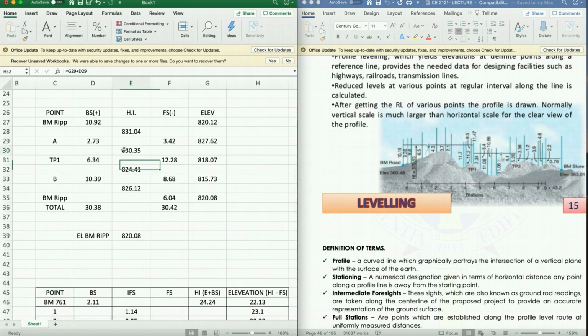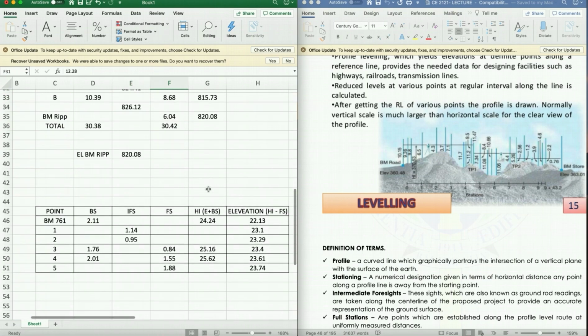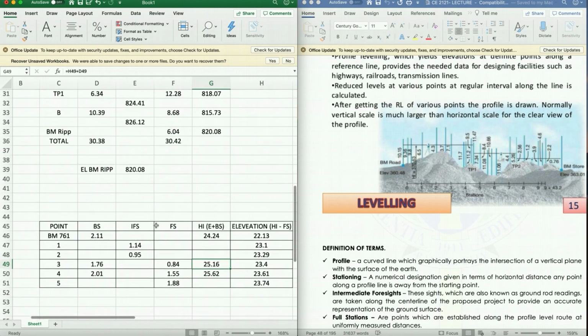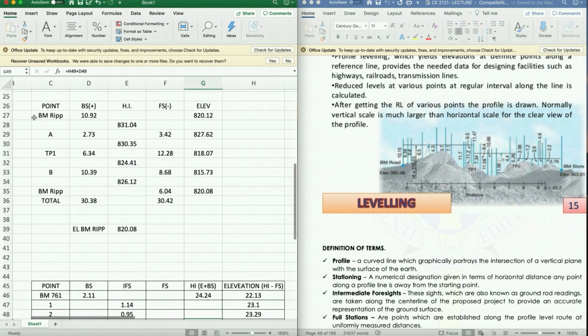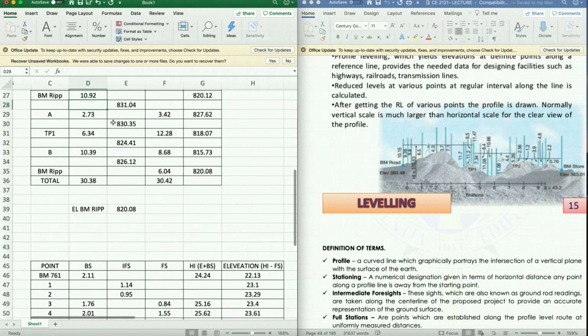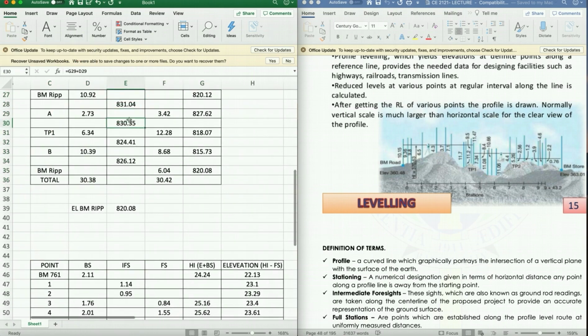ng space between the height. Okay? Yung sa height tapos bababa papunta sa foresight. Dito, hindi. Hindi tayo naglagay ng space in between. Yun lang yung difference. Okay? But again, the computation are the same. Okay? So, yan. Kung papansin niyo nagkaroon lang tayo ng space dito.